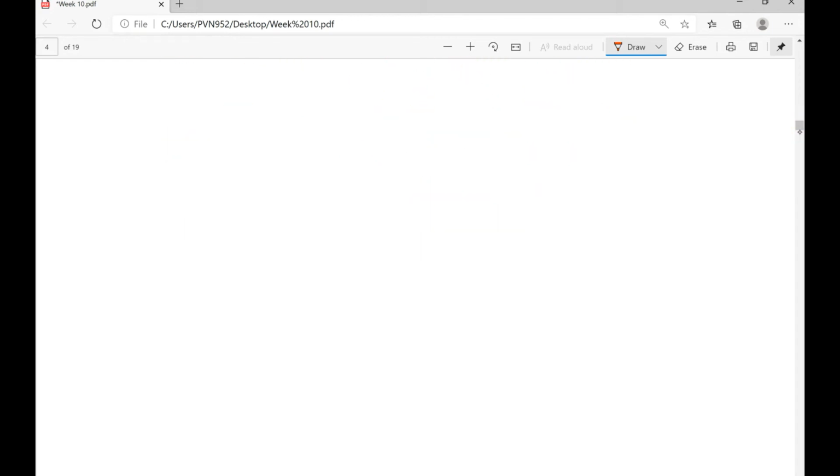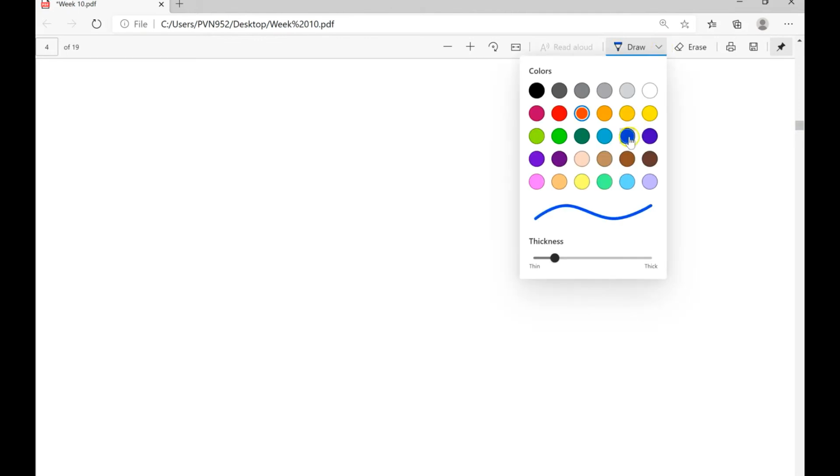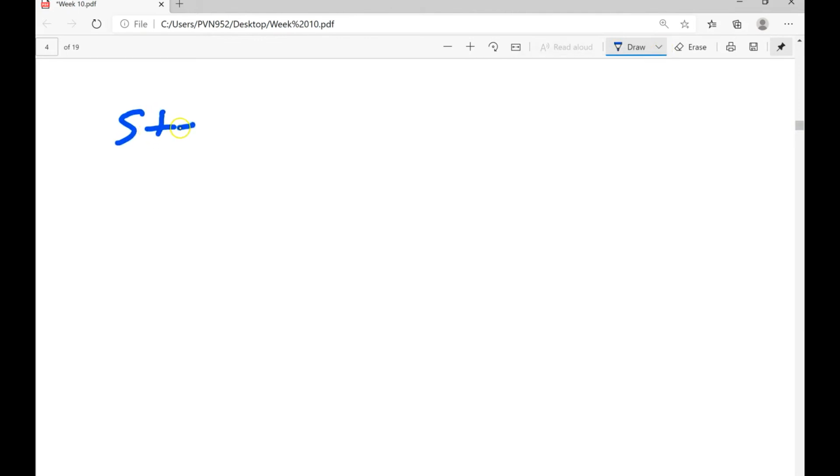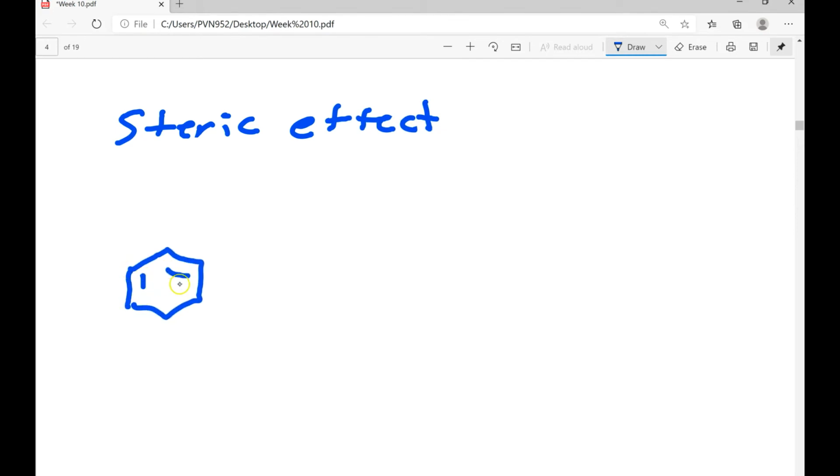So the last type of effect I want to talk about is what's called a steric effect. So imagine let's say I have three different nitrogen heterocycles.